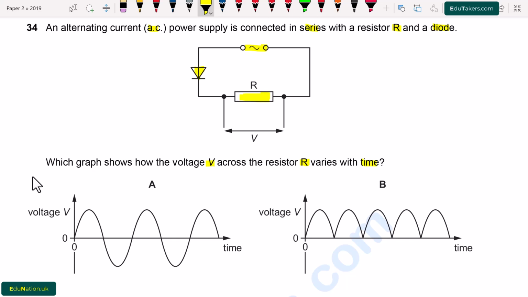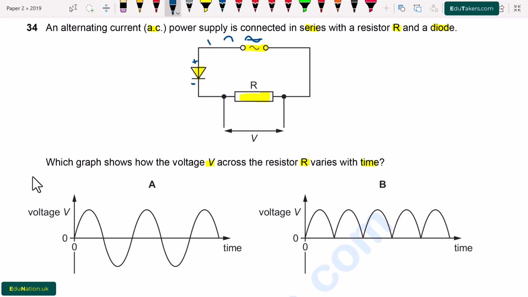In the AC, current reverses its direction, and the diode allows the current to flow in one direction only. When the diode is forward bias, if I consider the positive cycle, then here will be positive and here will be negative. If I consider the upper half cycle, which is positive, then it will pass through the diode.